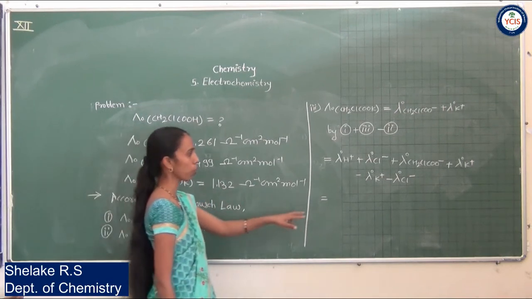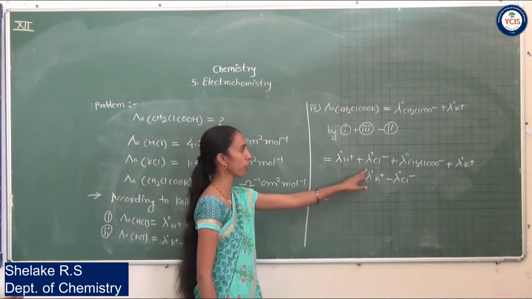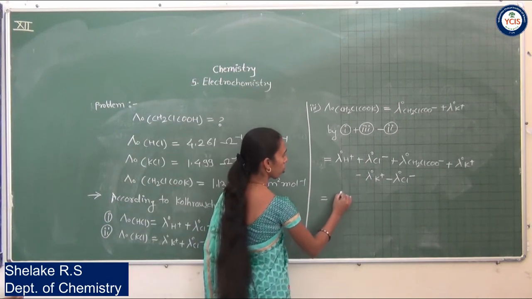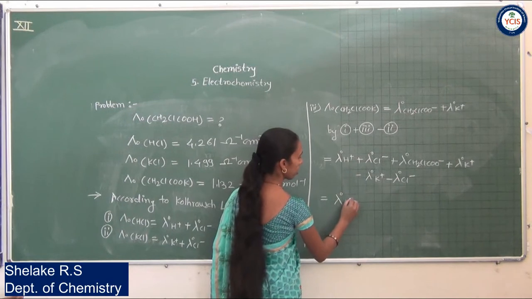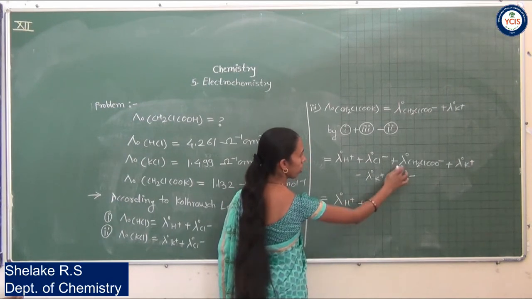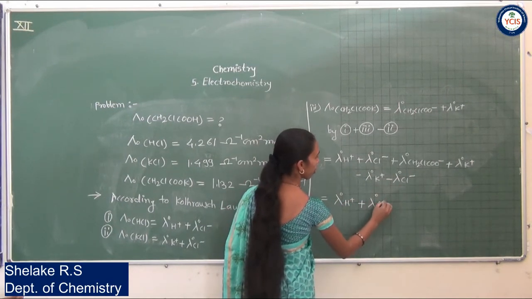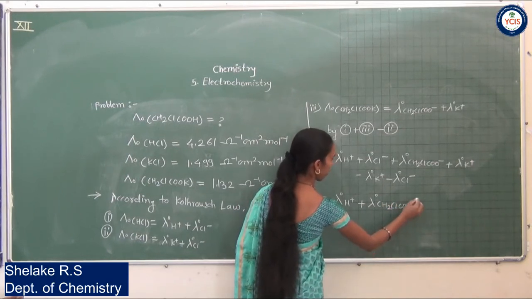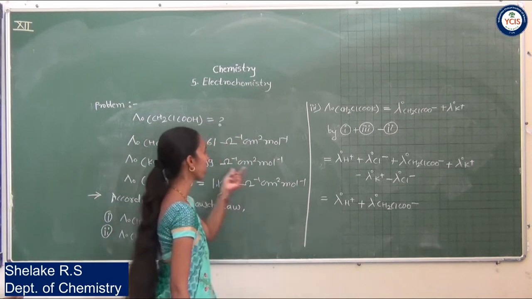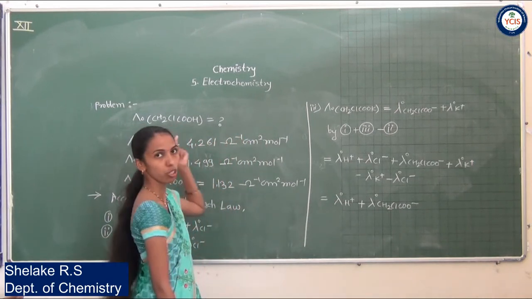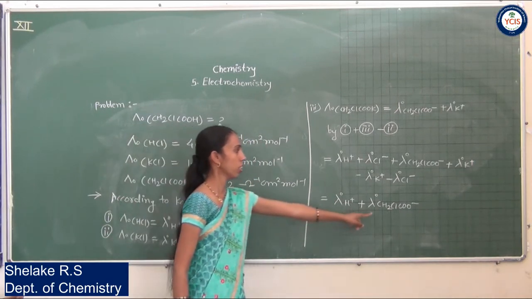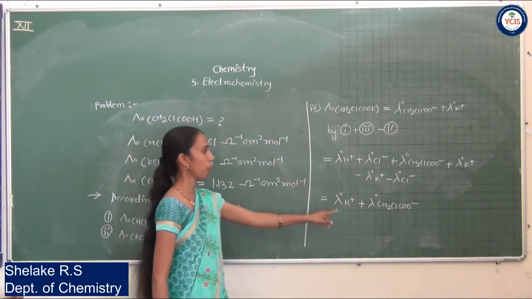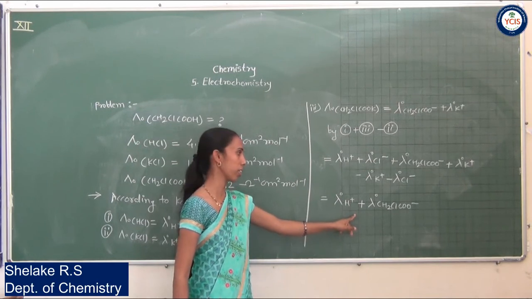Okay, so we have to put those values. From this, by adding and subtracting, you will get lambda 0 of H plus and lambda 0 of CH2Cl COO minus, and that is nothing but the molar conductivity of whichever electrolyte we were given. Okay, so those are the ions of the given electrolyte for which we have to find the molar conductivity.